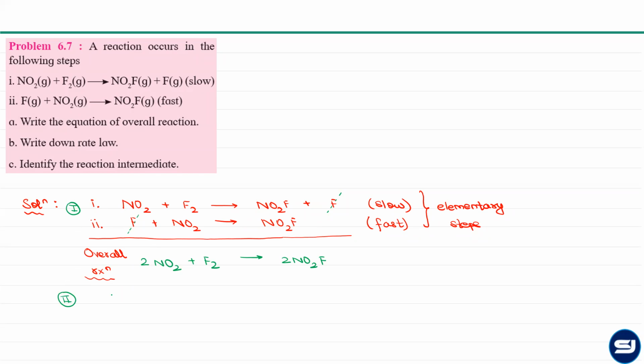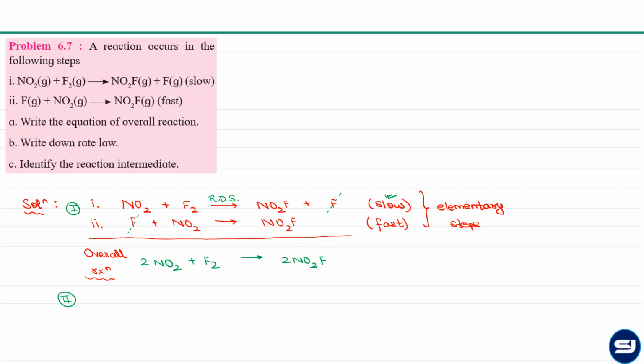Now for a multi-step reaction, the rate law is always determined by the slowest step of the reaction. And this slowest step of the reaction is called RDS, rate determining step.